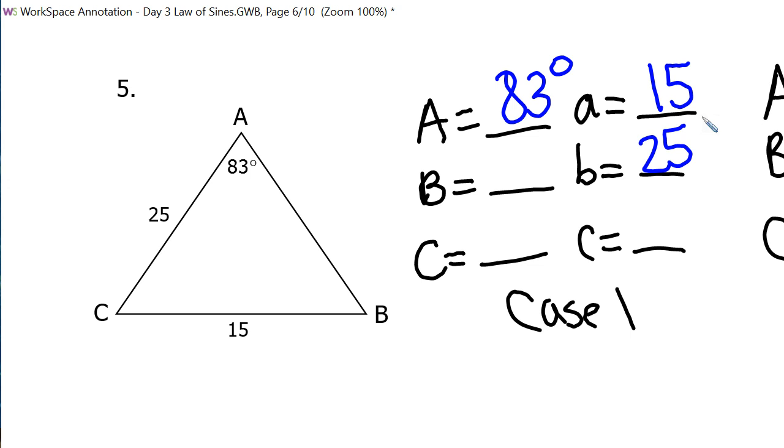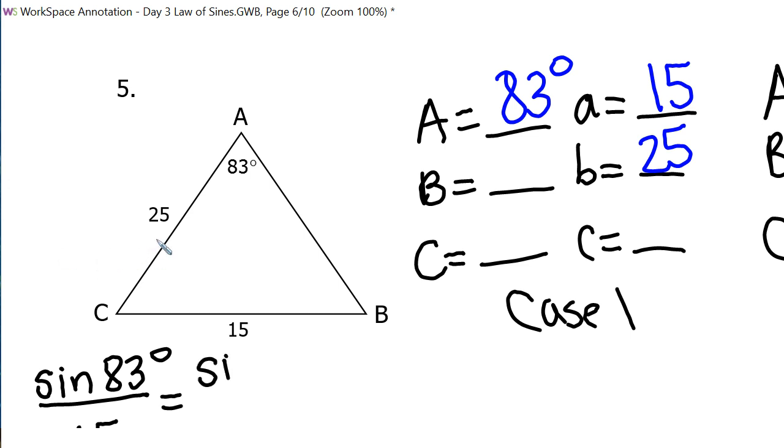Now, what should we solve for next? Angle B. We have 3 out of the 4 for A and B. So we need to do sine of A over A equals sine of B over B. So sine of 83 degrees over side A, which is 15, is equal to the sine of B divided by side B, which is 25.